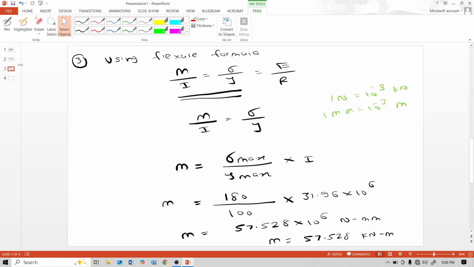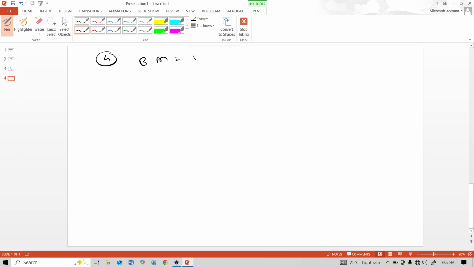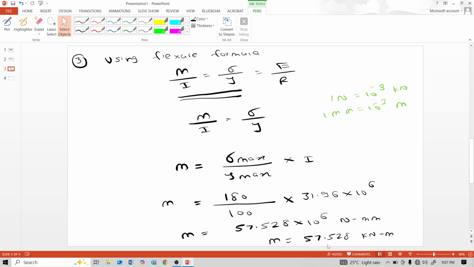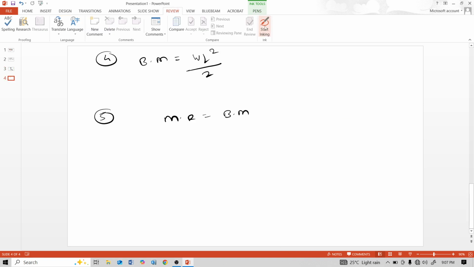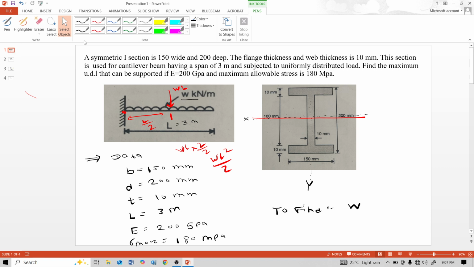So the bending moment for the cantilever beam is WL square by 2. Now next, equating bending moment with moment of resistance for equilibrium. Moment of resistance is equal to bending moment, and moment of resistance is 57.528, and bending moment is WL square by 2, and here the length of that cantilever beam is 3 meter.